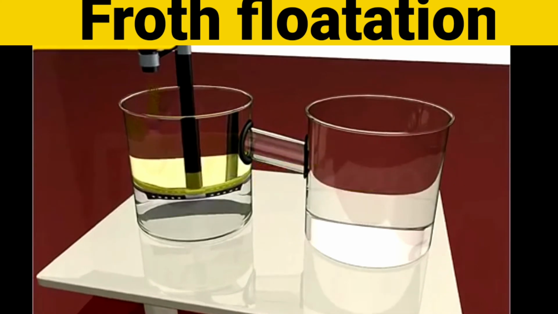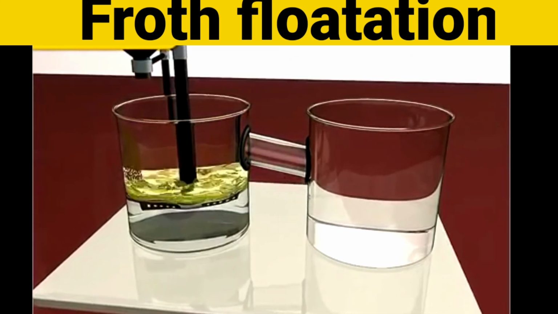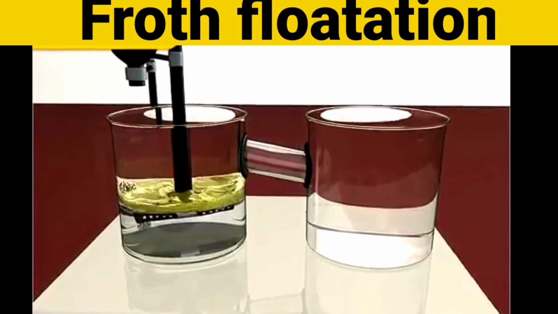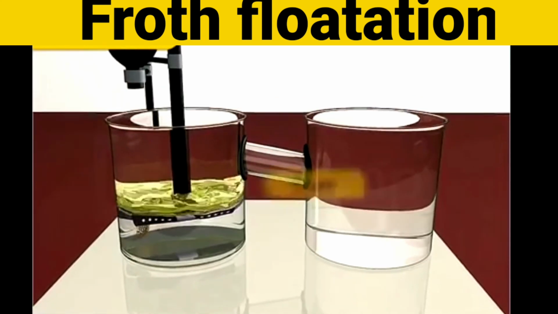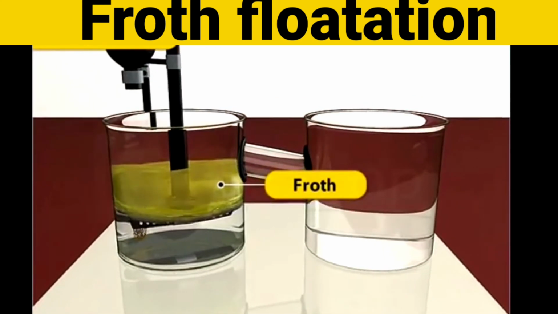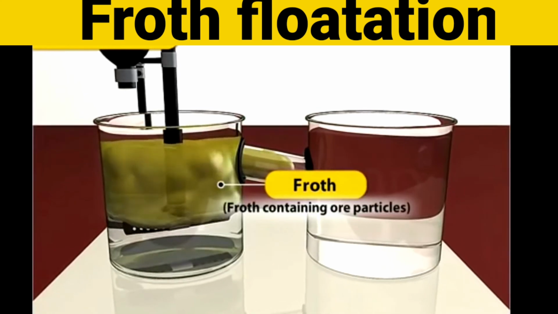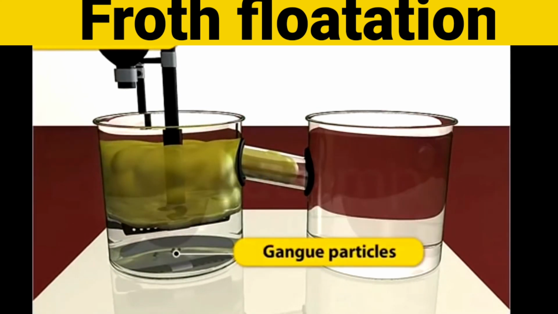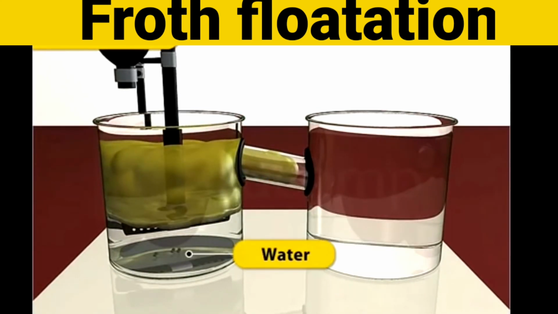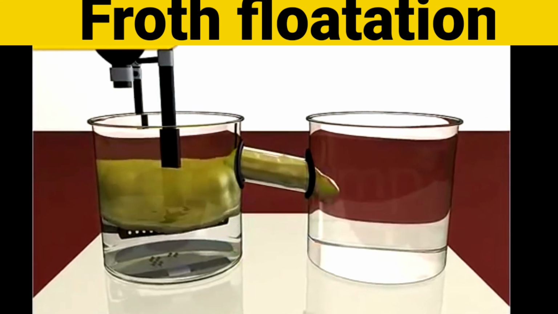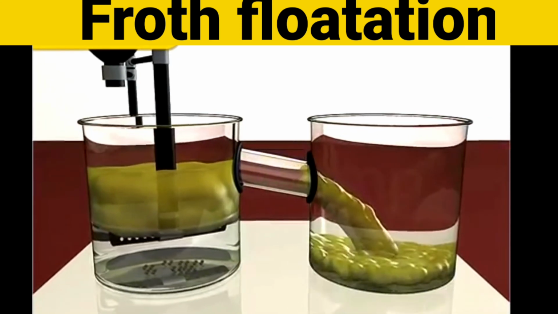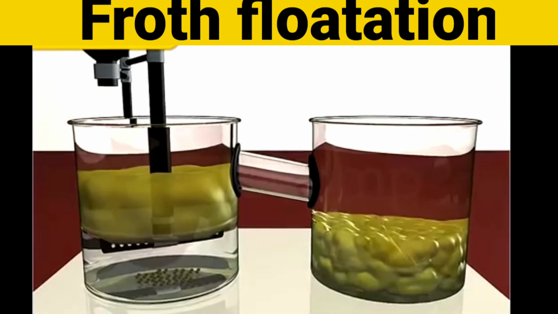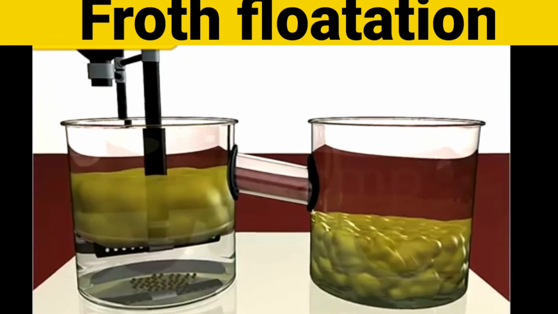The oil in the mixture forms froth with the air, and the froth rises up containing the ore. The gangue particles, being heavy, settle down in the water, and the froth is then collected separately, where it is washed and dried to obtain the concentrated ore.